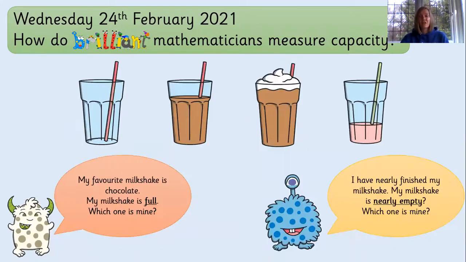So let's meet the first 2. I've got a monster down here and he loves a chocolate milkshake. My favourite milkshake is chocolate. My milkshake is full. Oh, that was one of our words. Full. Which one is mine? Oh, so hang on a minute. We've got some glasses up here, the containers that have got the milkshakes in. Now, let's have a look again. He likes chocolate milkshake, so can you see a chocolate looking one?